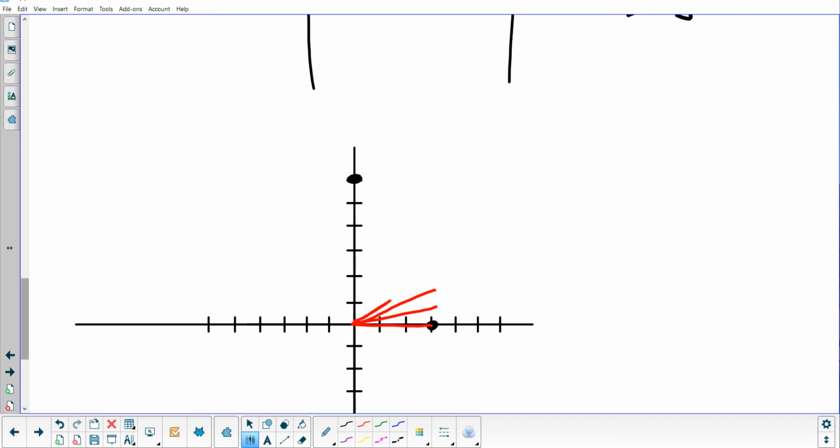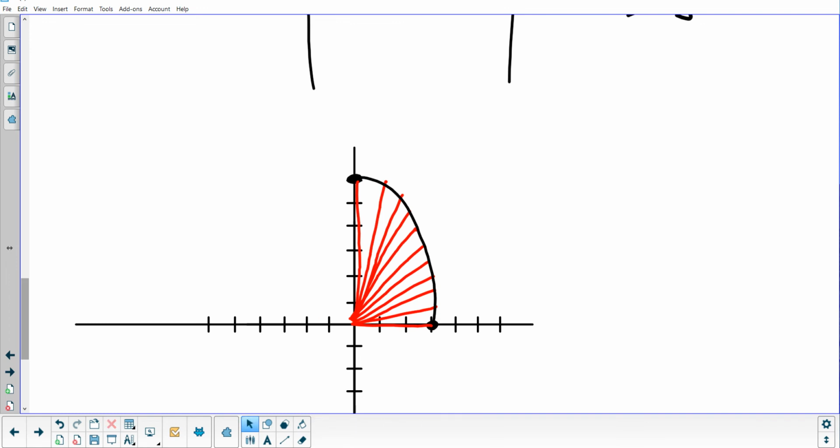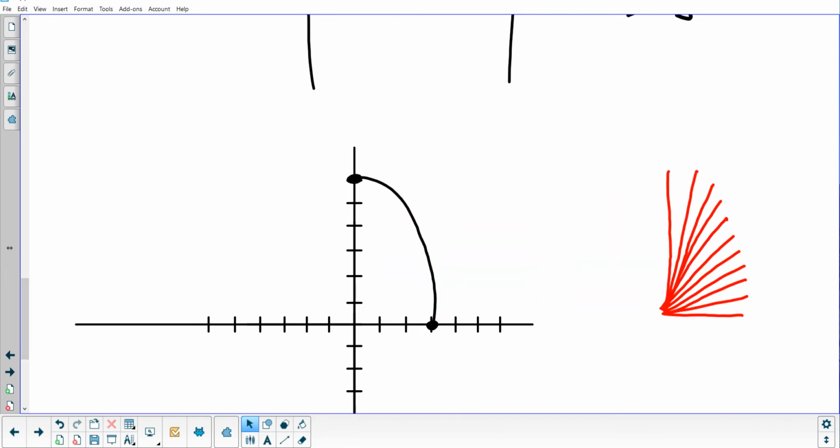And these lines are going to keep growing until you get all the way up to your maximum. So that's the idea of what's happening along the edge of this graph. The radius is constantly growing from 3 to 6. So it would look kind of like that. These are hard to draw, but that's the idea.